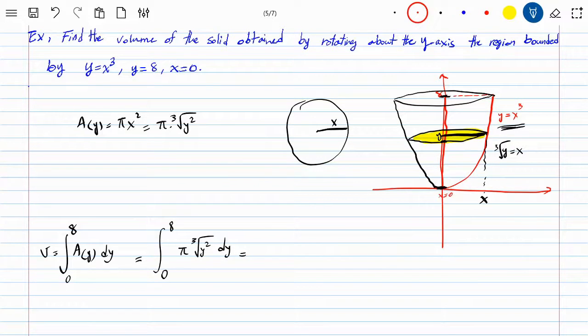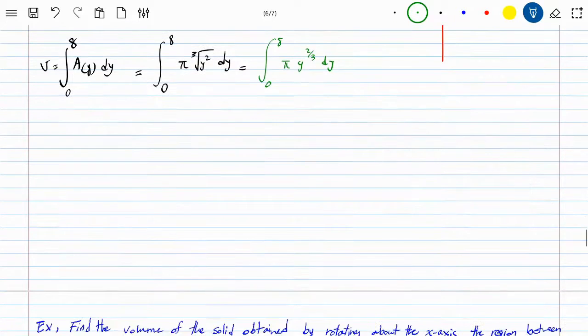Now the simple integration will calculate this. From 0 to 8, I'm going to write it as pi y to the power 2/3 dy, and integrate. What would be the antiderivative? It would be pi y to the power 5/3 divided by 5/3, evaluated from 0 to 8. You can simplify it: 3/5 pi y to the power 5/3.